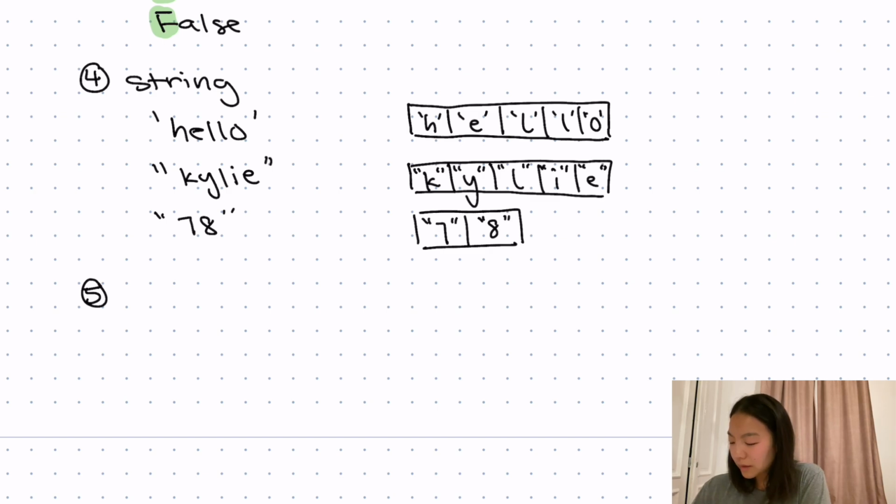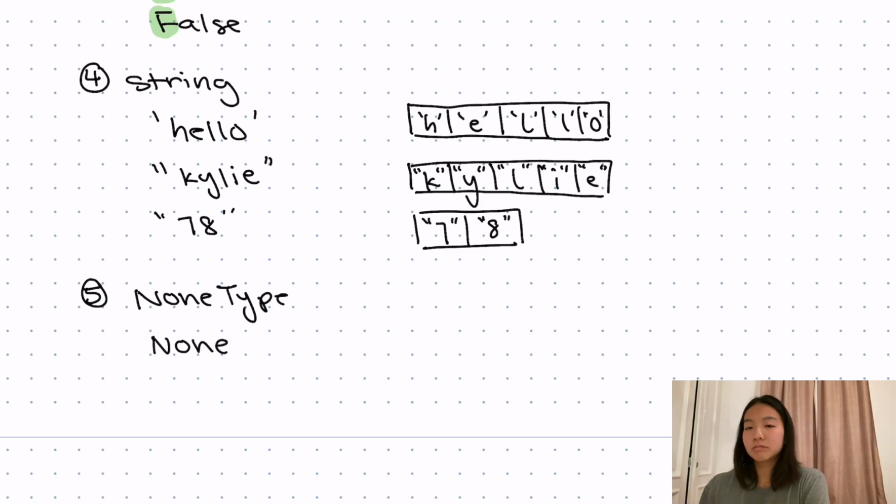And now finally, we have NoneType. So there's only one value that this actually takes on, and that is the value None. None is a very special object that is designed to represent the absence of a value.